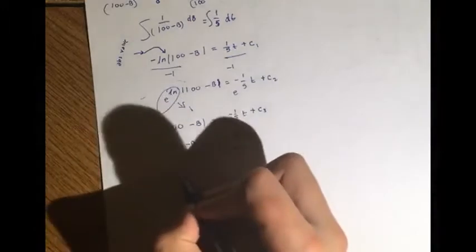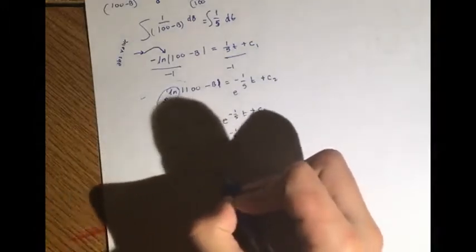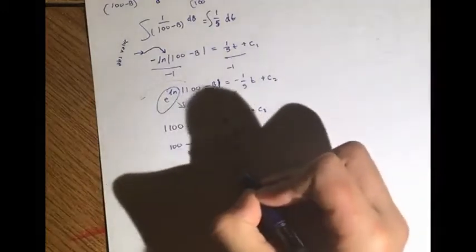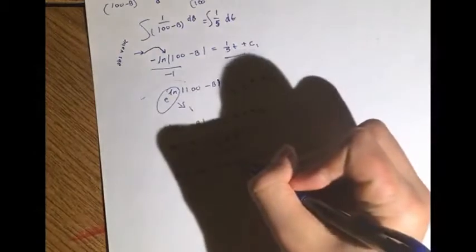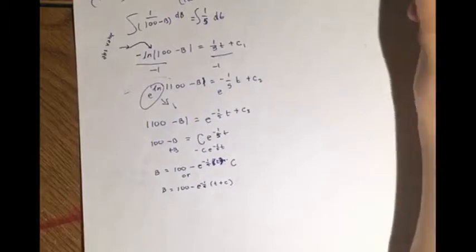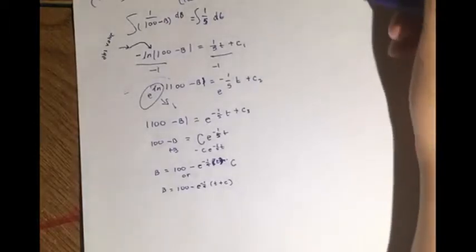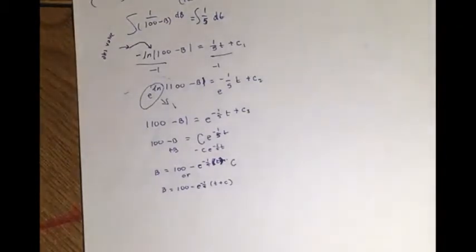So what we end up getting is b equals 100 minus e to the negative 1/5 t plus c. I messed up a little, sorry. Given the original value of this, we have to basically plug that into the equation.